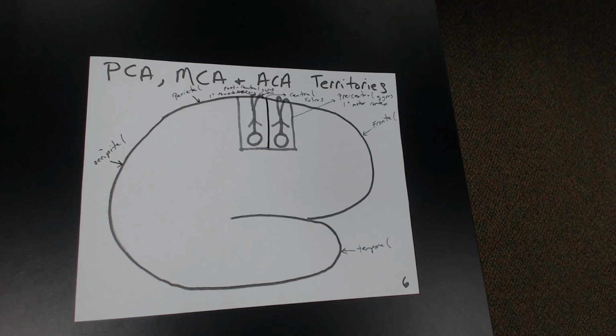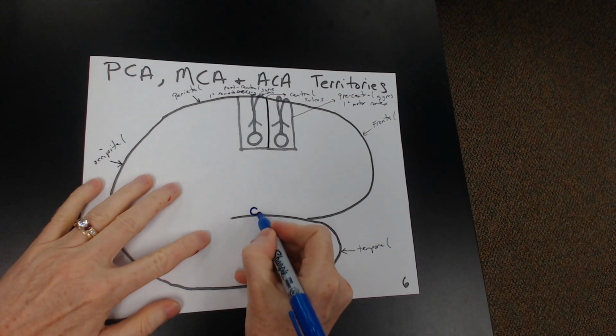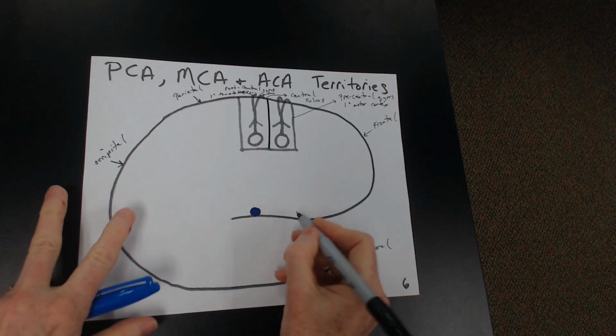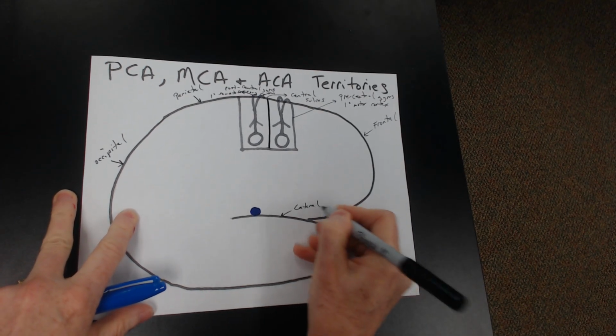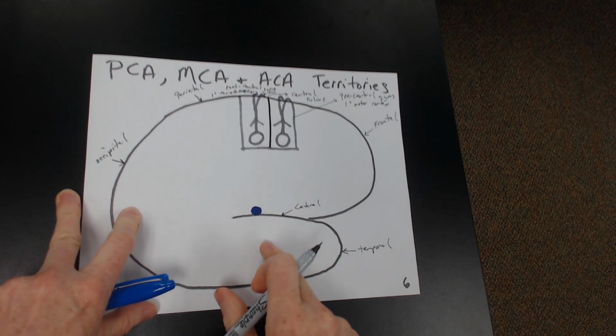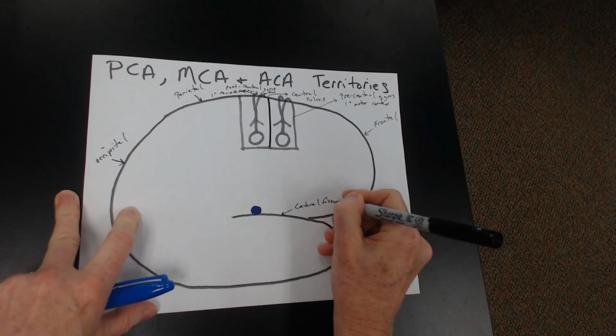It actually arises here in this fissure that we talked about. It comes out through this fissure. Does anybody remember the name of that fissure? Lateral. This is the lateral fissure. Good. So it arises between the parietal and temporal lobes, coming right out of this lateral fissure.